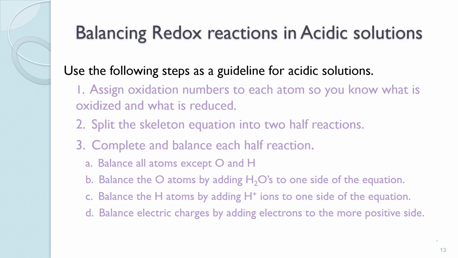And then we have to balance those half reactions. The first thing we do is balance any atoms that are not oxygen and hydrogen. Oftentimes you can overlook this step, and it can really mess you up. Just take a glance to see if all the other elements are balanced. Then you're going to balance oxygens, and what you're going to do is add water molecules to the side of the equation that needs more oxygen.